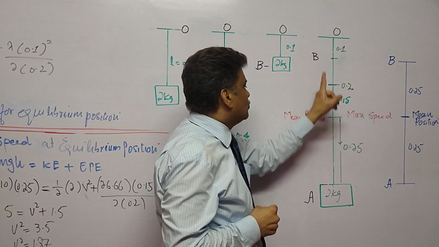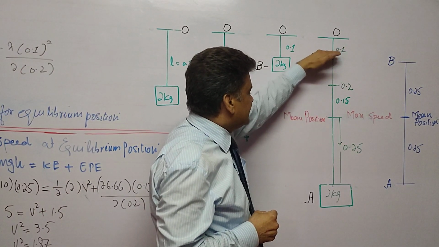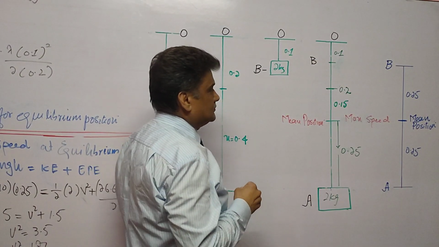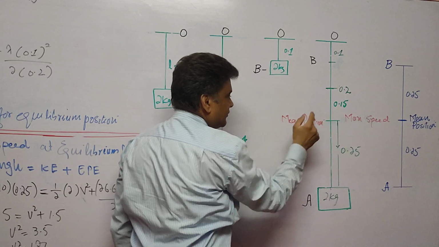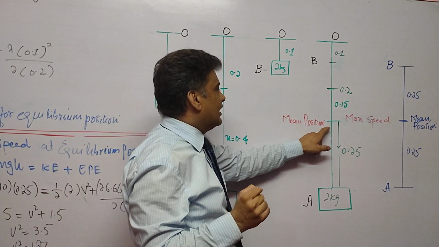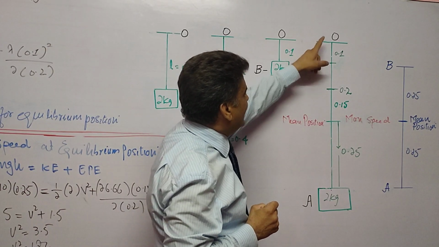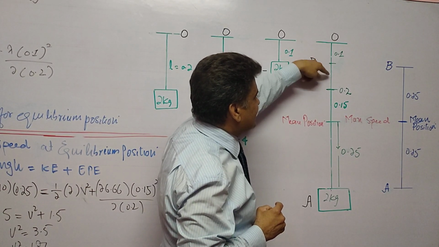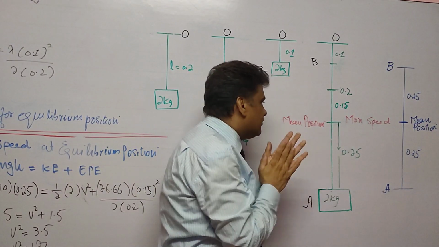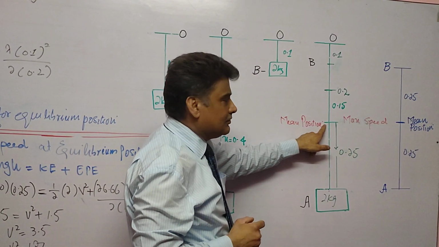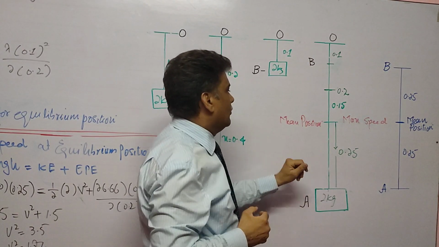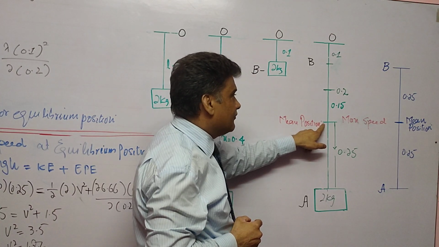Total distance from O to this position is 0.35, which is below A. This position is called the mean position. Why do we call it the mean position? 0.2 is the natural length of string and 0.15 is its extension. So this position is 0.35 meter below O.